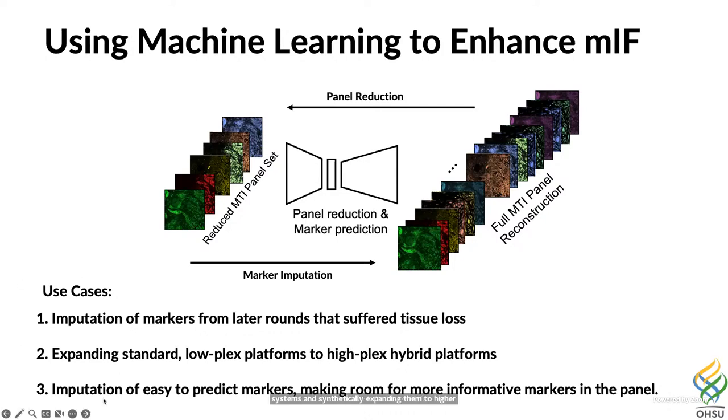Thirdly, we can help to better optimize and design panels. If we can identify easier to predict markers, we can leave those markers out of the actual staining and imaging, and replace them with more difficult experimental markers that can potentially identify more rare cell types.